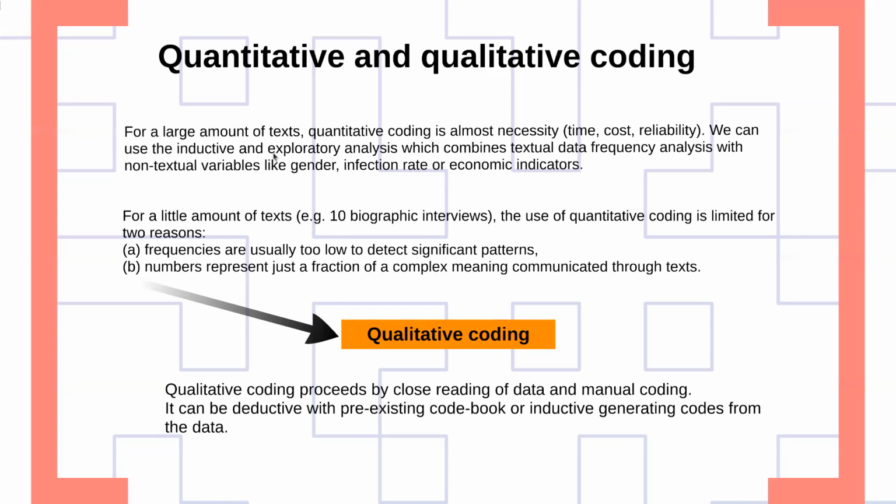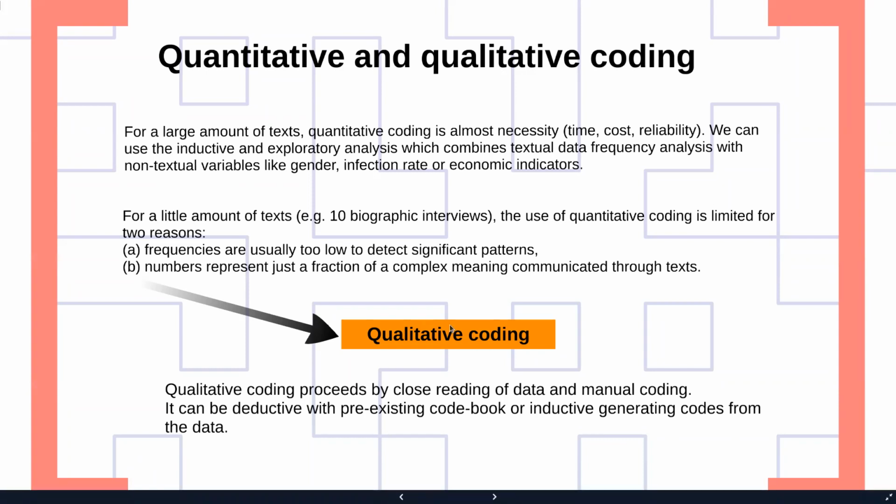These 3 biographical narratives, for example, supposedly communicate more than what we are able to cover or indicate by numbers. So we need something different from reducing text to numbers or relationships, and this is done principally by qualitative coding. And how does it proceed?